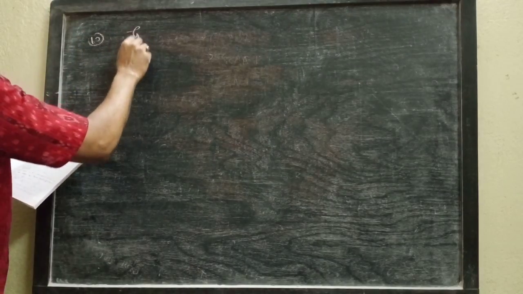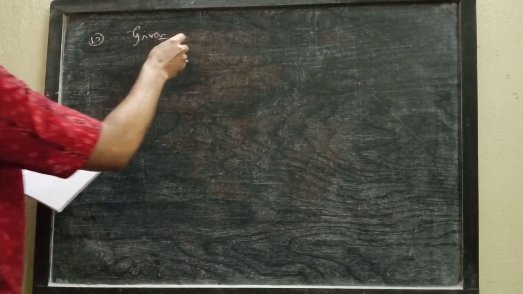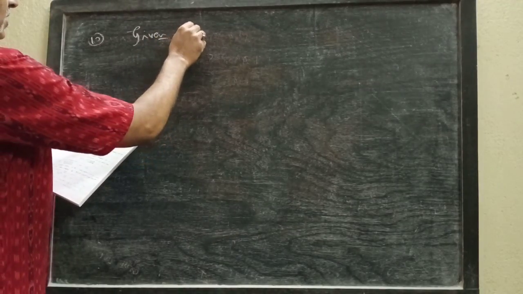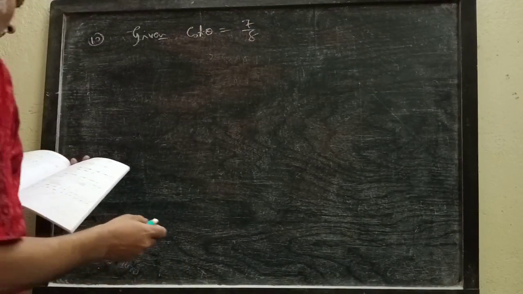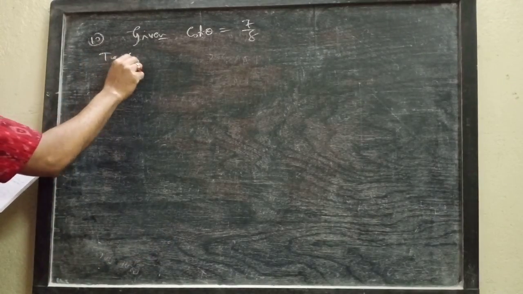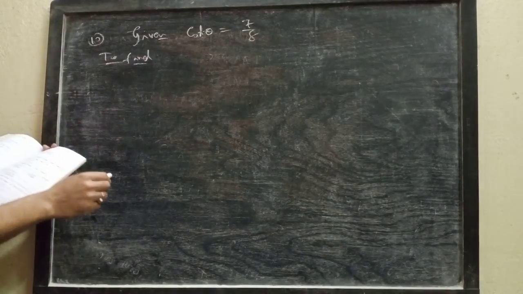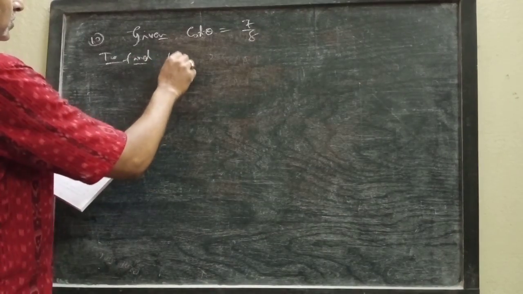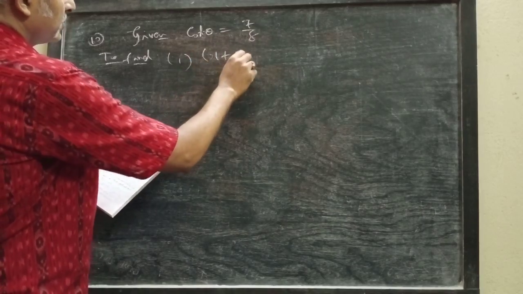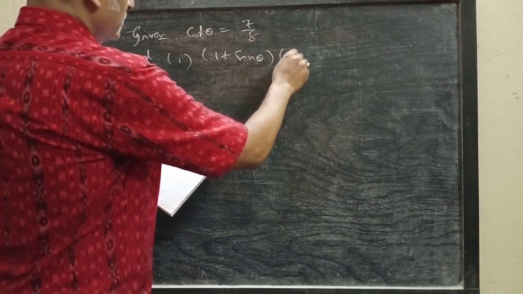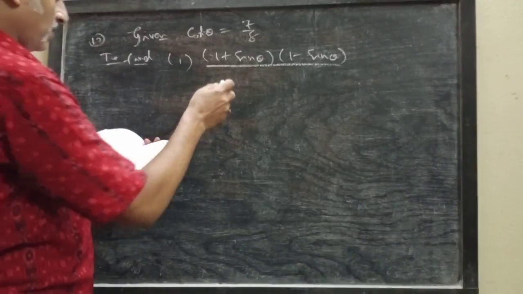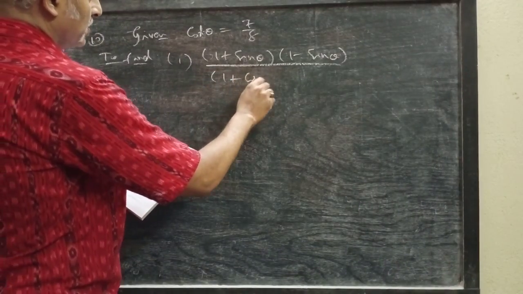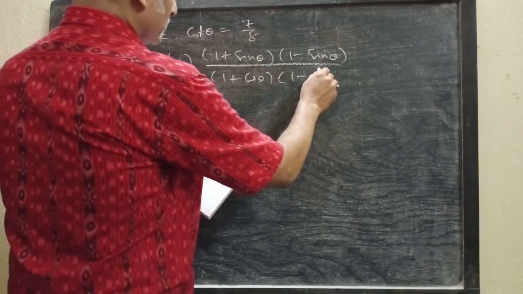This is question number 10. Given cot theta is 7/8, you are asked to find number 1, (1 plus sin theta) into (1 minus sin theta) divided by (1 plus cos theta) into (1 minus cos theta).